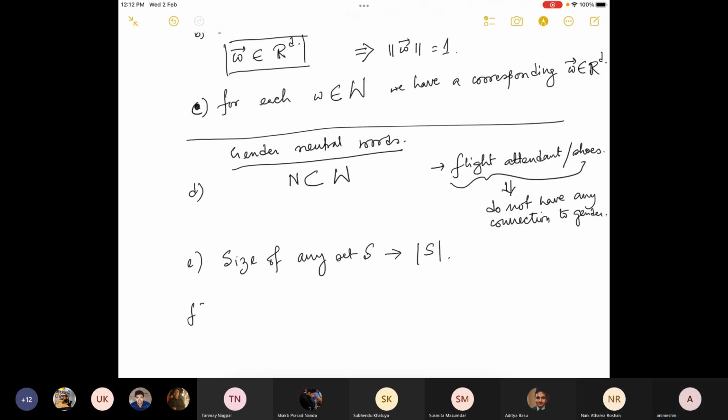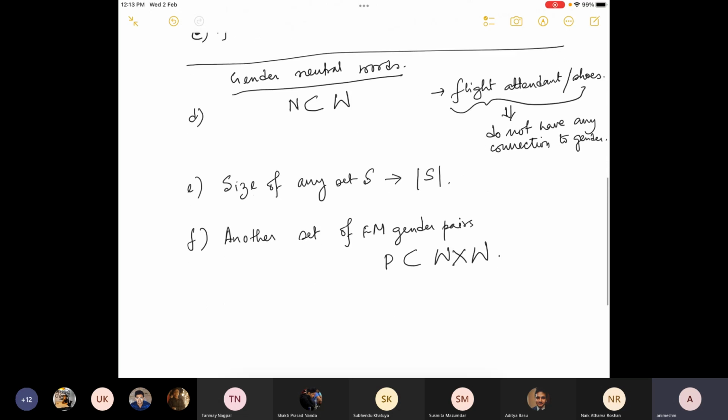Then we will have another set of female-male gender pairs. This set is chosen from W cross W. So these are pairs.